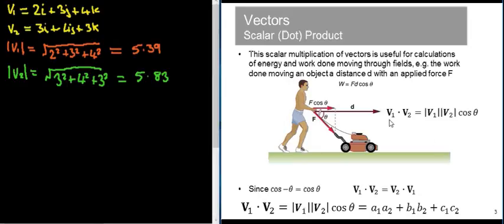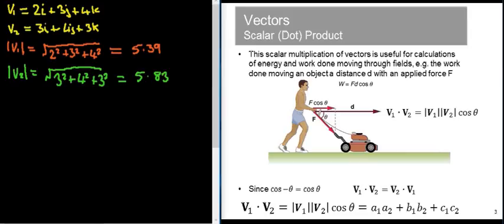Now also the magnitude of the dot product is given down here by A1 times A2 plus B1 times B2 plus C1 times C2. So why don't we go ahead and do this sum here over on our blackboard.